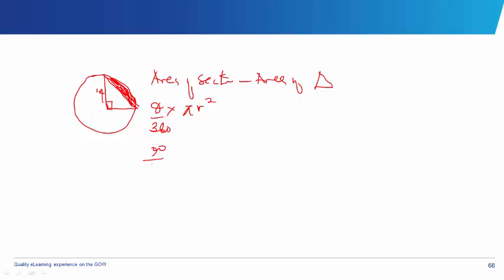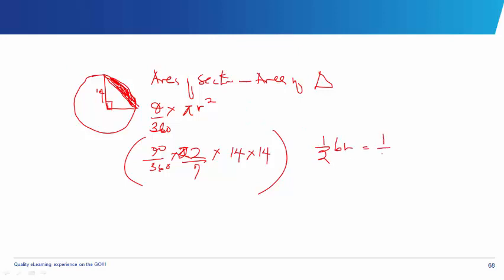So I have 90 over 360 times 22 over 7 times 14 times 14. Okay, and now the area of our triangle is half base times height, which is half the base, this 14, and the height is also 14 because it's the same radius. So half times 14 times 14.